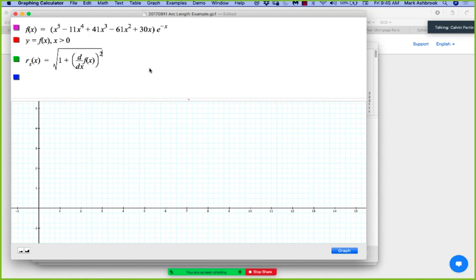Okay, and so now we want to write the accumulation function, which is going to be s as a function of x. What will we do? How will we write this accumulation function?